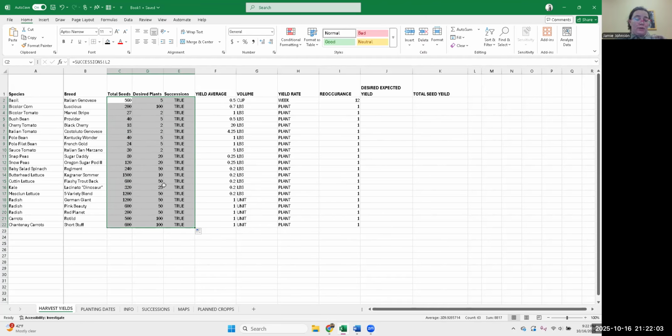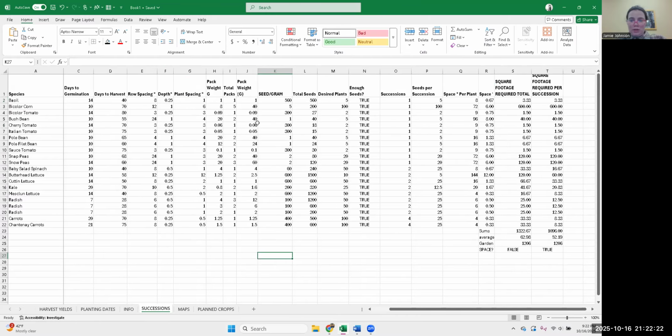Ooh. If I drag it to the right, it's going to copy. This is L and this is M. It's going to copy N on the next one because I dragged it to the right. Now, you'll notice that that's not the numbers that I had there because it copied this row, enough seeds, instead of the successions row.